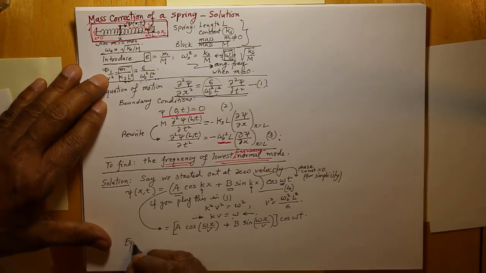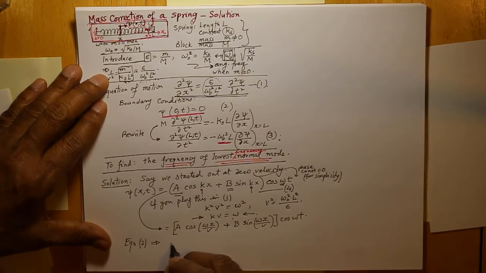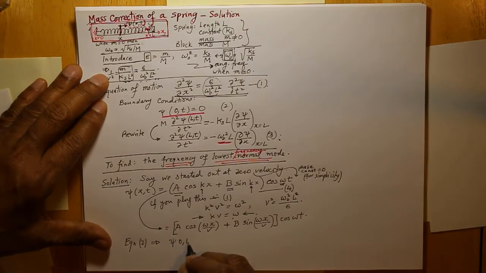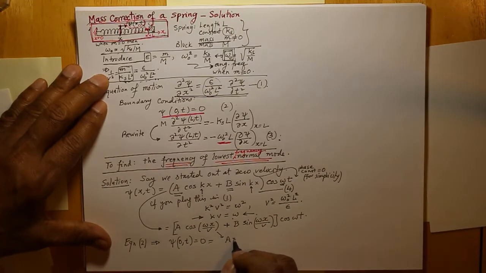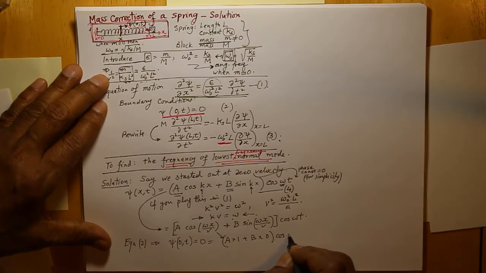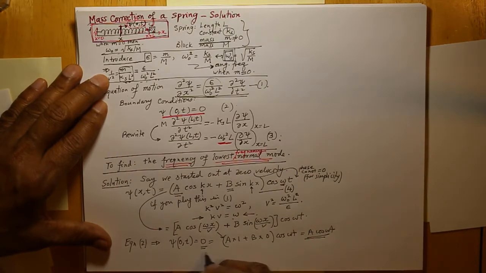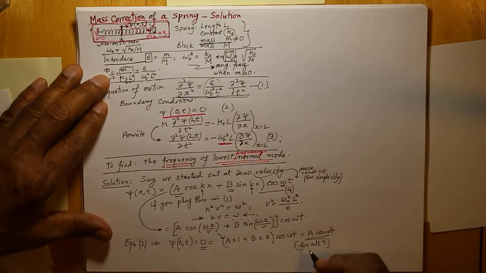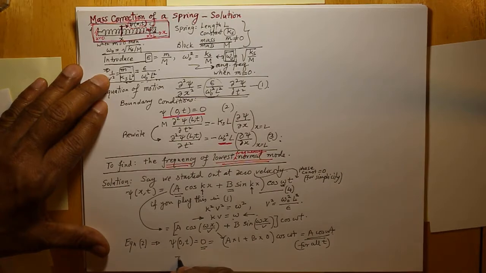Equation 2 means psi of 0,t is 0, meaning this will be a times 1 plus b times 0, times cosine omega t, equal to a cosine omega t. This is equal to 0 for all t. For all t. So this would mean a equals 0.